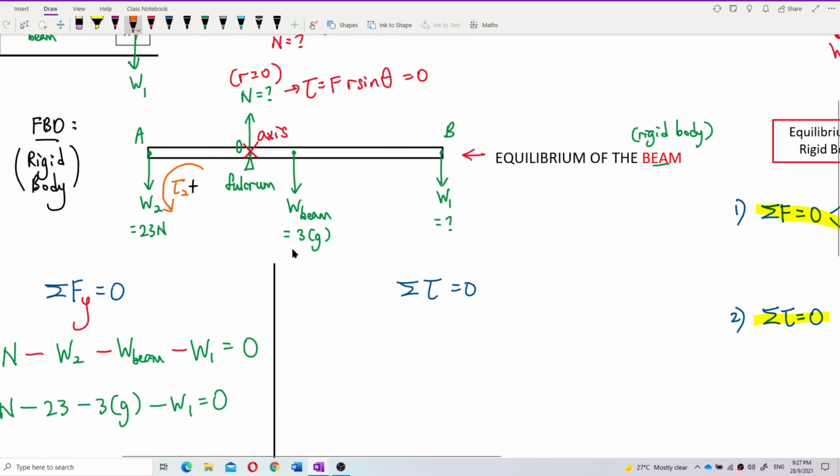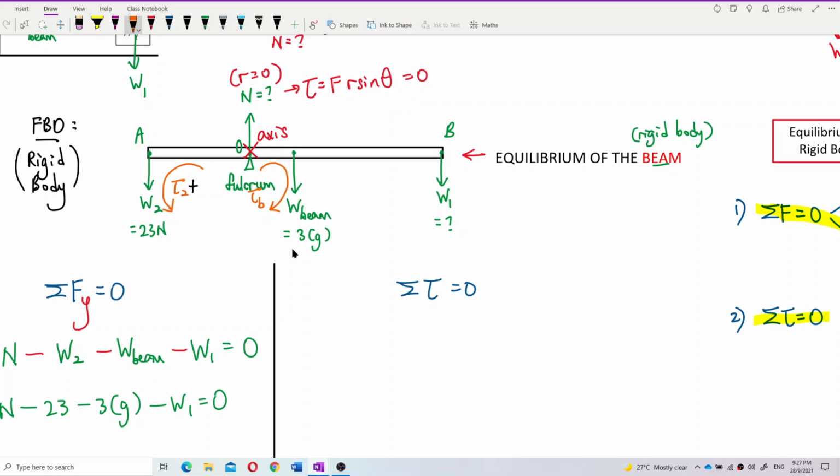You just draw from the axis of rotation, then follow the force. So this is the torque by the beam. Put torque B.